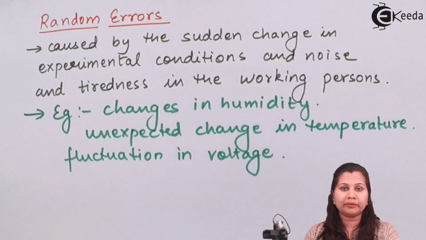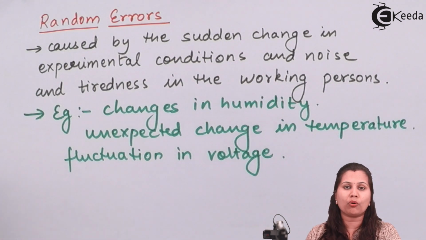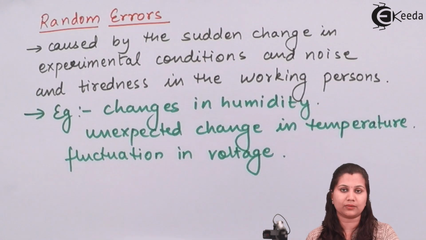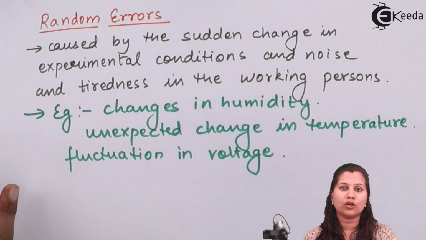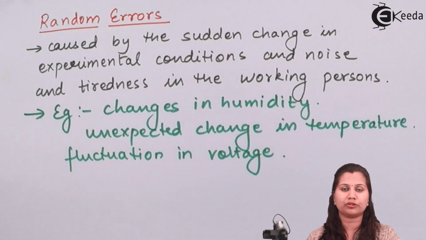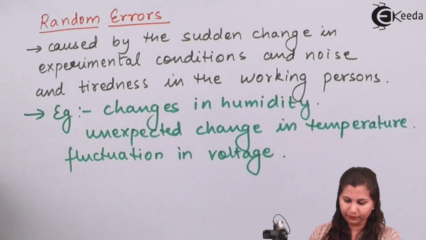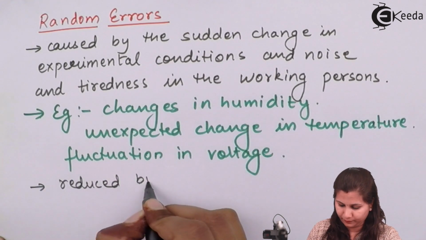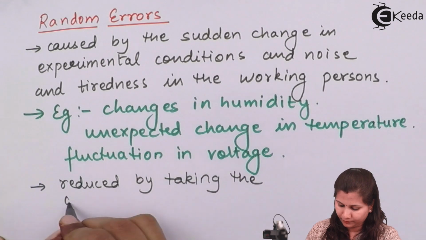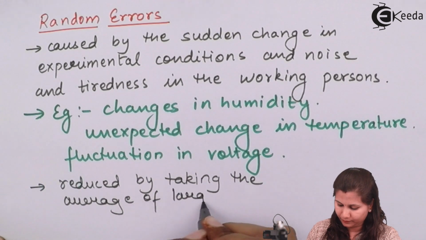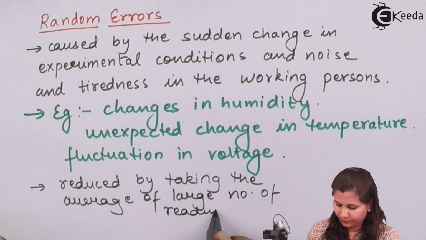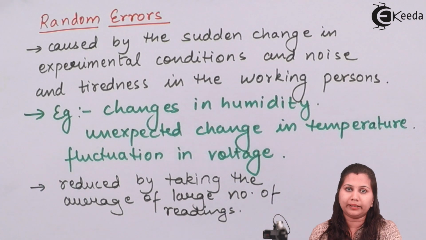These errors can be reduced by taking the average of all the readings which are taken, because we cannot make any changes in these experimental conditions. The experimental conditions have changed, now we have taken all the readings, so we are going to take the average of all the readings so that an average value of the measured quantity can be obtained. So these are the random errors.